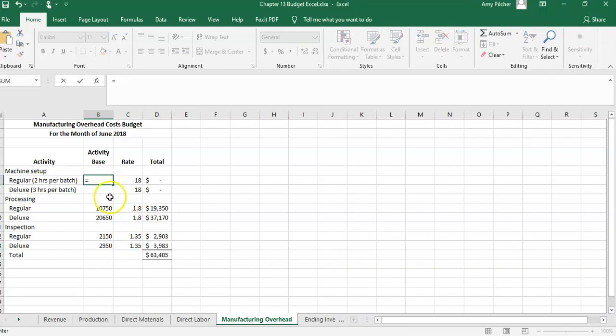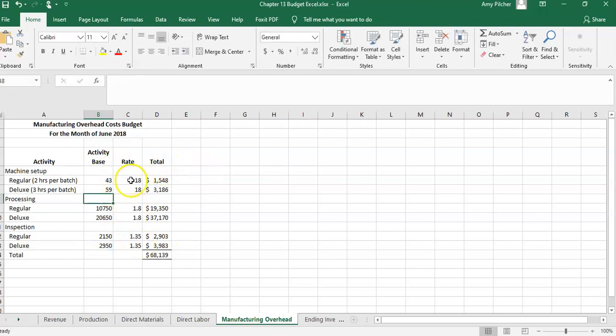So if we take the amount that we're going to make, our production, divided by 50, that gives us our number of batches.